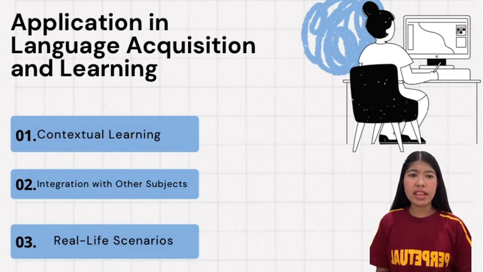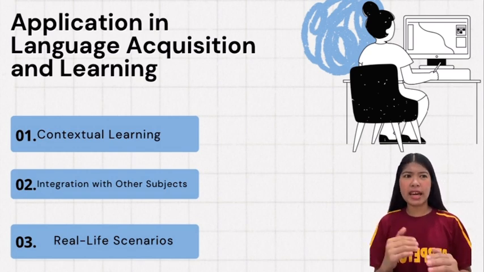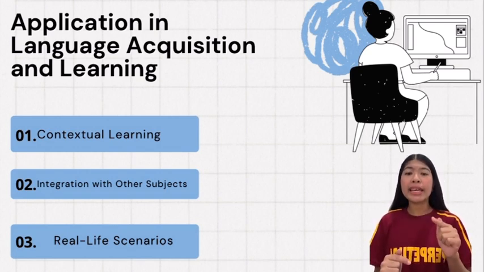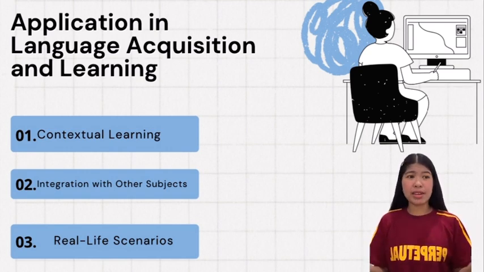Second, when it comes to integration with other subjects, so again, we're talking about the application in language acquisition and learning. Paano ba siya nangyayari? COA can blend language learning with other academic subjects, such as history or science.